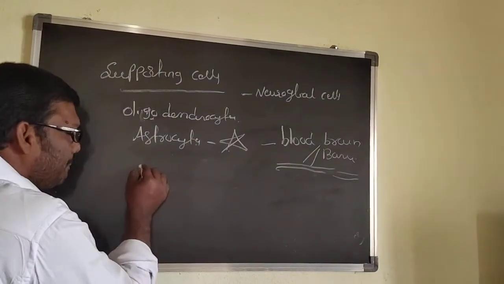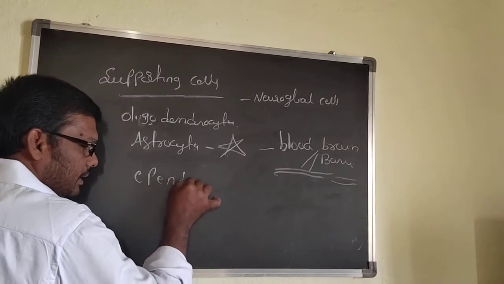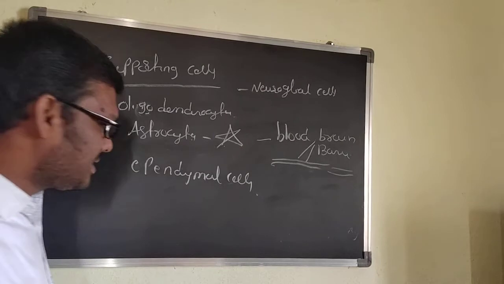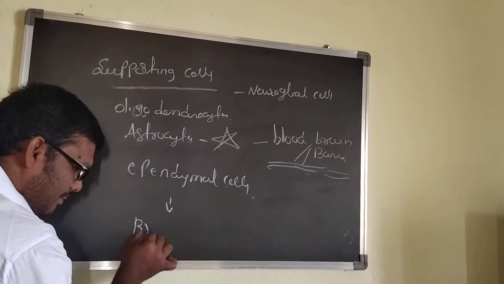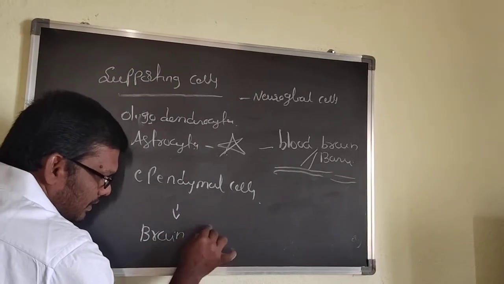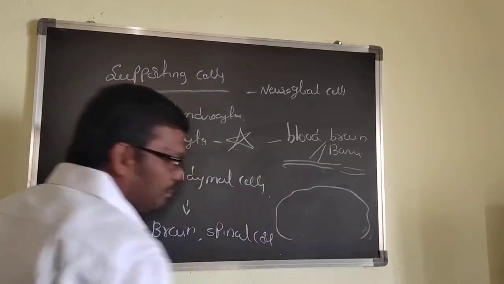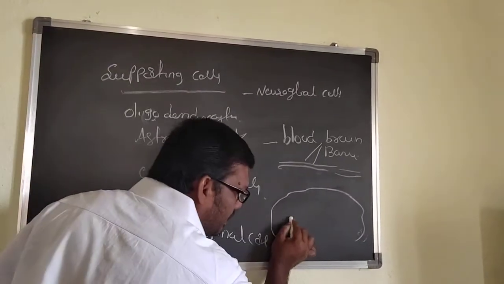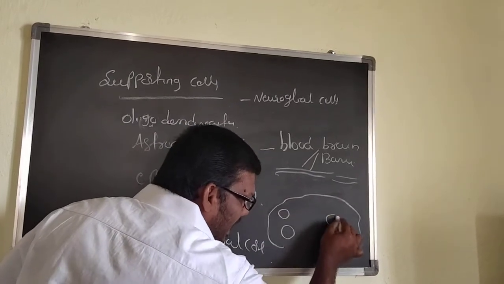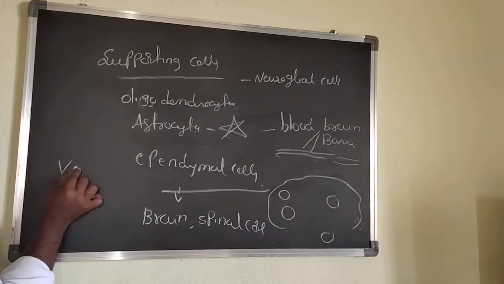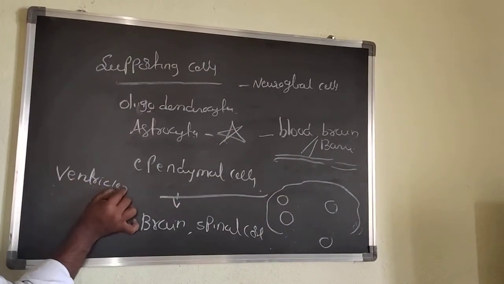And then ependymal cells. What are ependymal cells? In the brain and the spinal cord, in the brain there are fluid-filled cavities called ventricles.